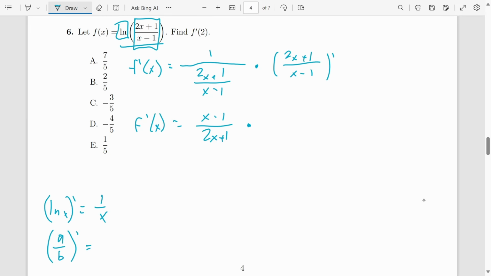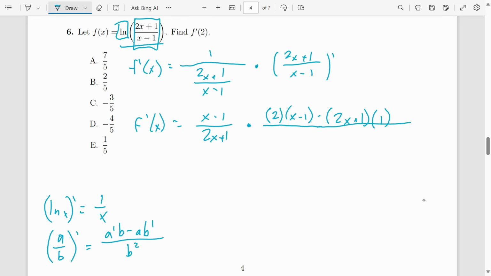It's kind of like the product rule, where it's a prime b minus a b prime all over b squared. So we can just fit that to our problem and we'll have our derivative. a prime is the derivative of 2x plus 1, which is 2. b is x minus 1, minus a, which is 2x plus 1, times b prime, which is the derivative of x minus 1.